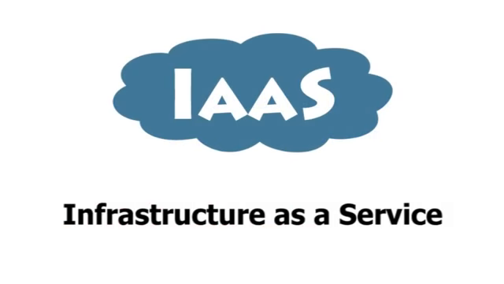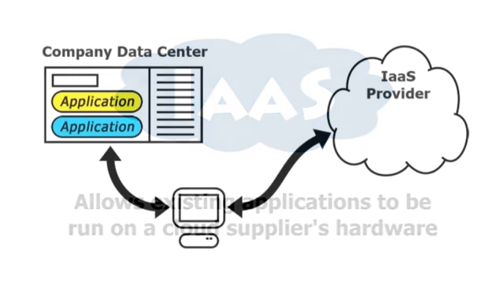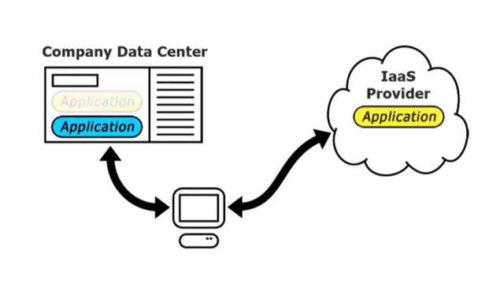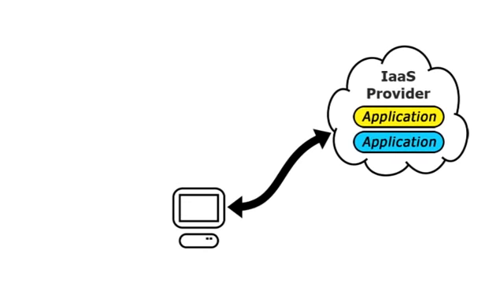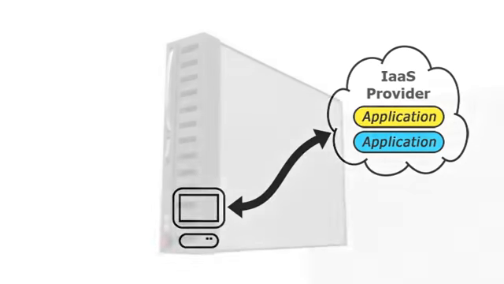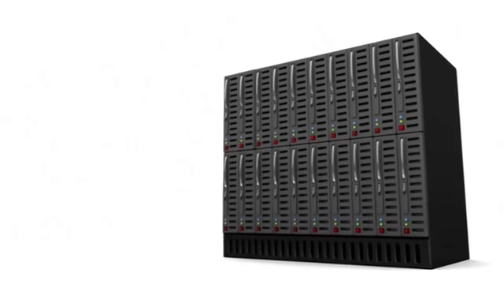Infrastructure as a service, or IaaS, allows a business to run whatever applications it requires on a supplier's cloud hardware. This means that existing applications can be migrated from a company data center in order to reduce IT costs. The fundamental unit of cloud infrastructure is the server.